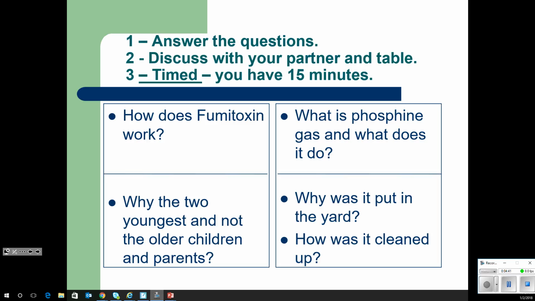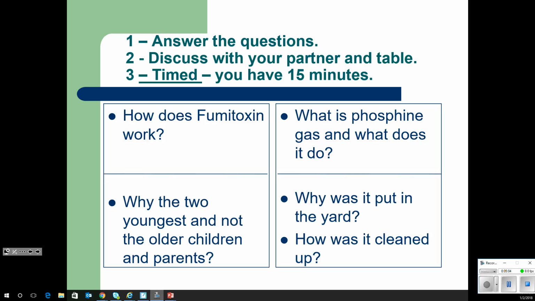It wasn't just the exterminator's problem, it was the problem of the people that hired the exterminator. And so that's why it's been in the court systems going back and forth for a long time, because not all the responsibility was on the exterminator. It was on the parents for hiring them too.